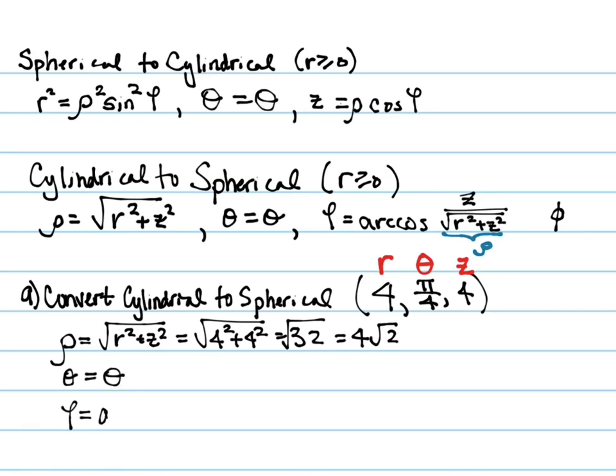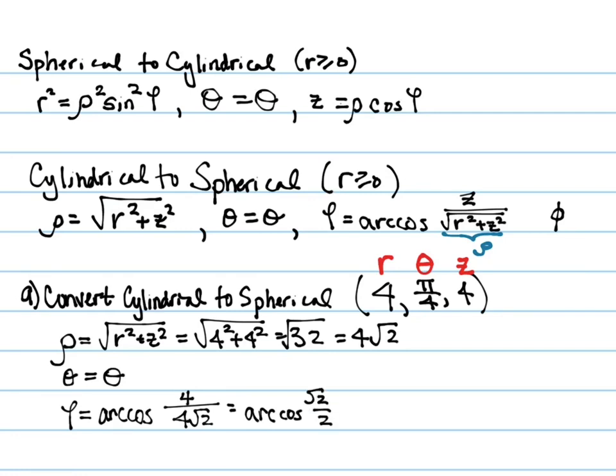Phi's fun. It's the arc cosine of 4 over the 4 square root of 2, exactly. So this is the arc cosine of square root 2 over 2.